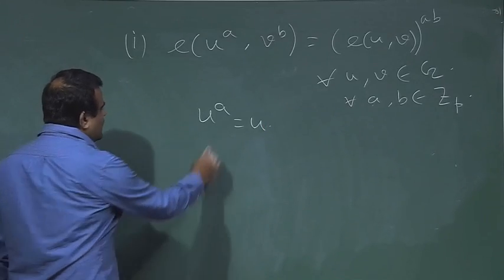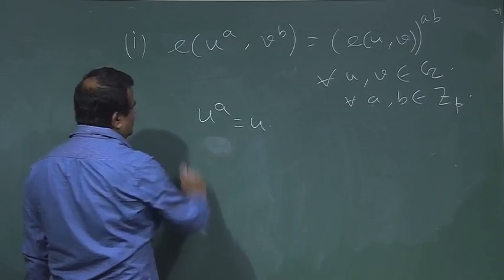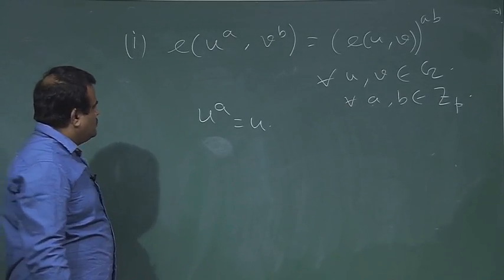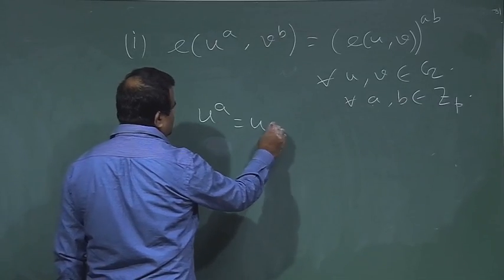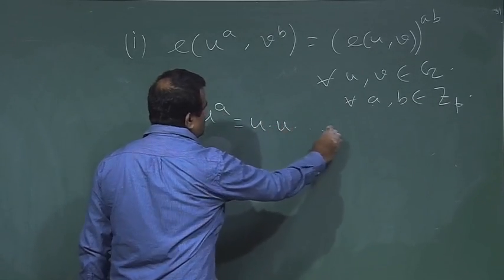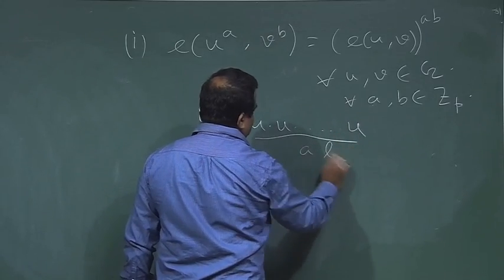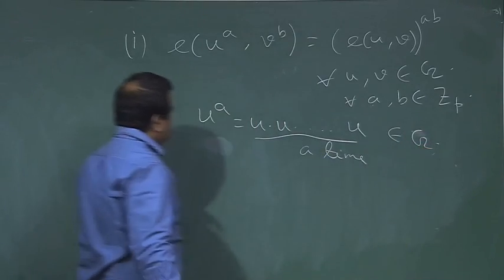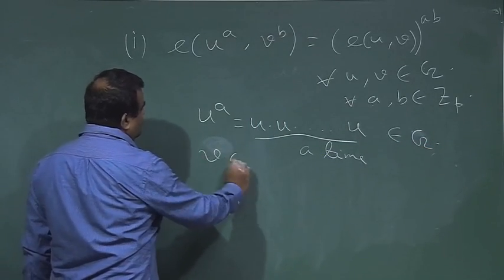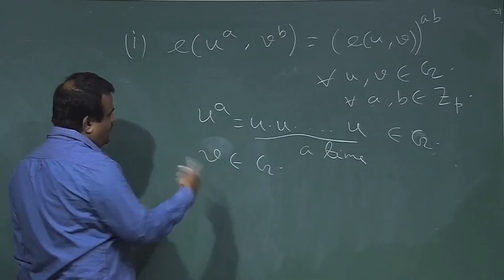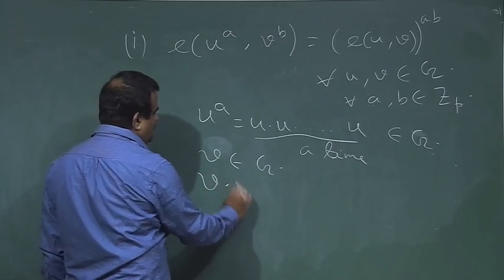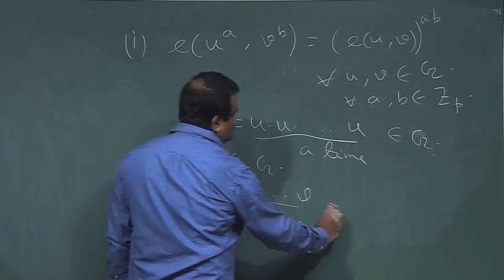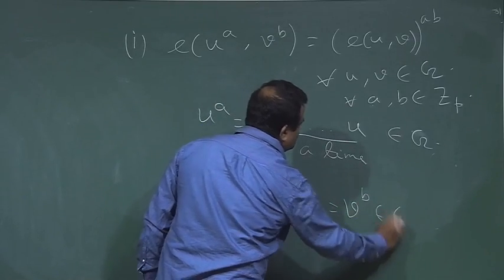G is a multiplicative group of order P, so u^a also belongs to G. Similarly v belongs to G, so if we operate v, b times, v into v into v, this is v to the power b, which also belongs to G.